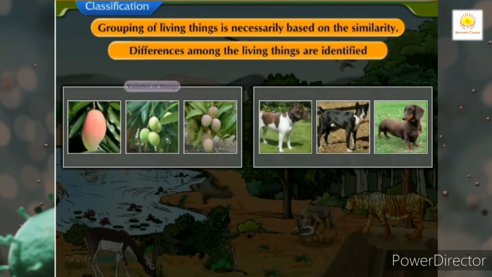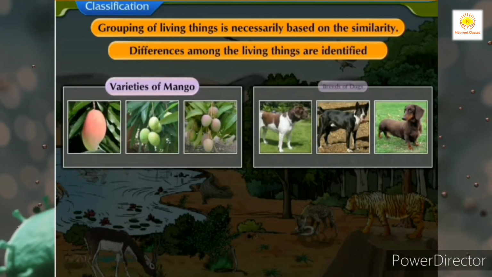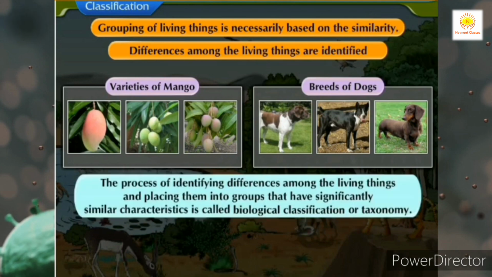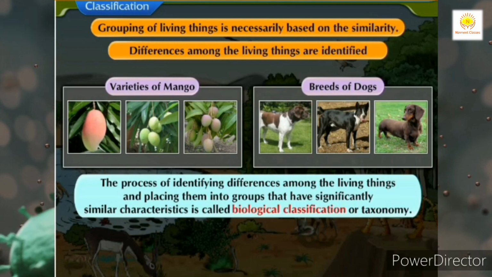For example, varieties of mango and breeds of dogs. The process of identifying differences among the living things and placing them into groups that have significantly similar characteristics is called biological classification or taxonomy.